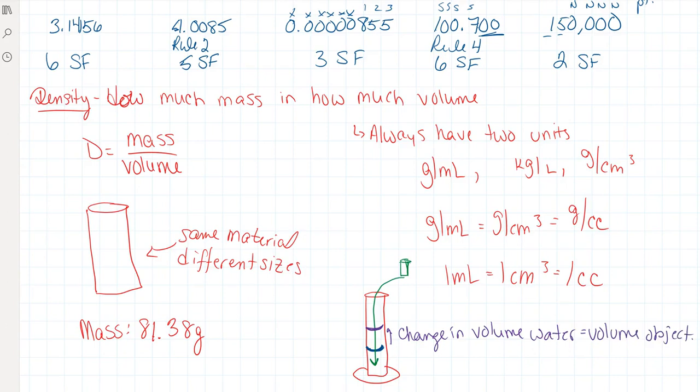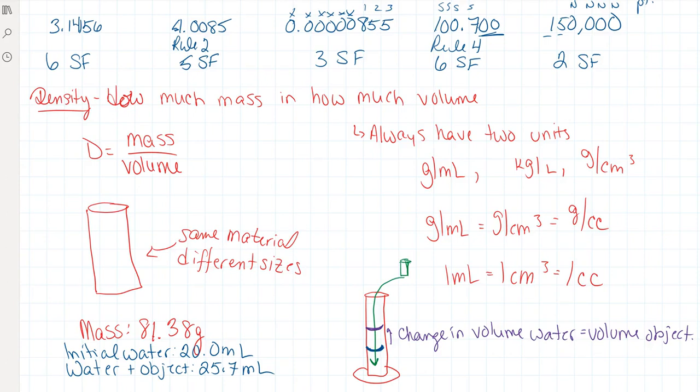So let's say my initial water line had a volume of 20.0 milliliters, and when I added my object in, the volume of the water and the object came out to be 25.7 milliliters. We have to do 2 different operations here. We have to do a subtraction operation and then a division operation.